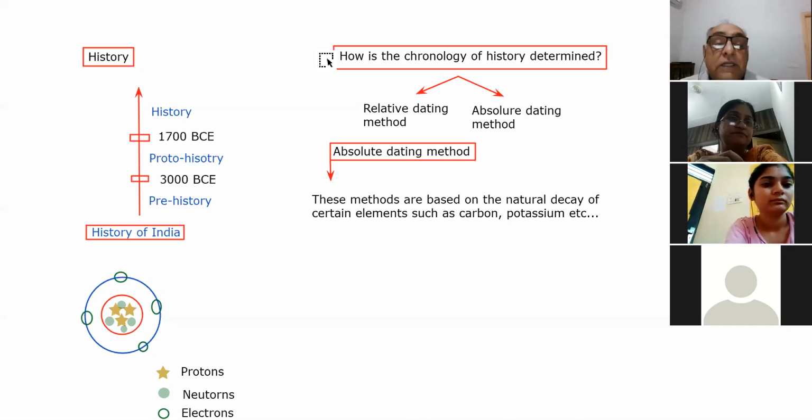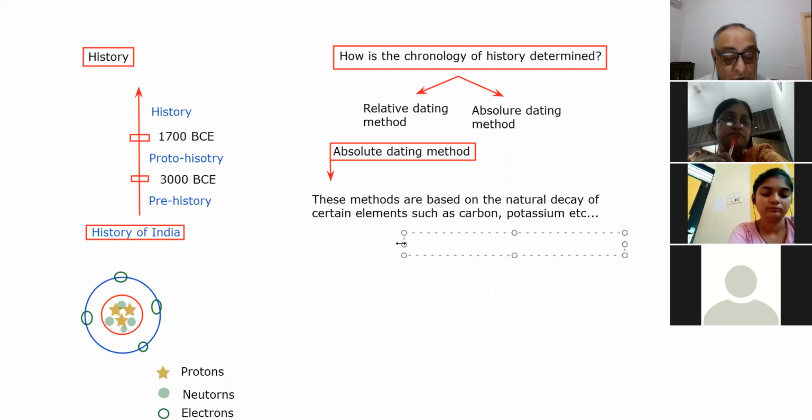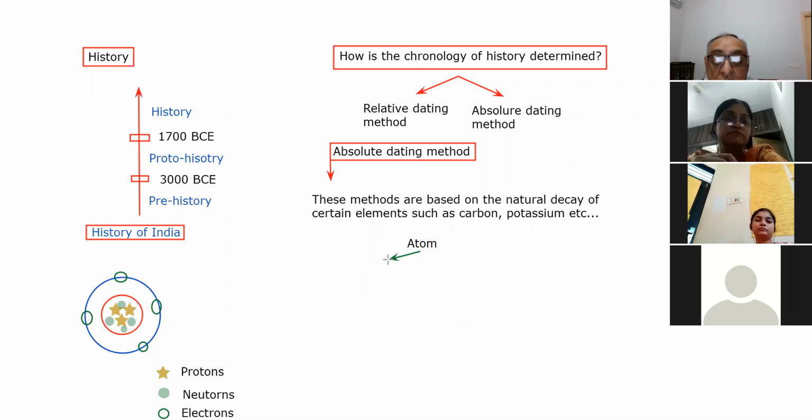Let's suppose this is an atom, and in an atom you will find three things.